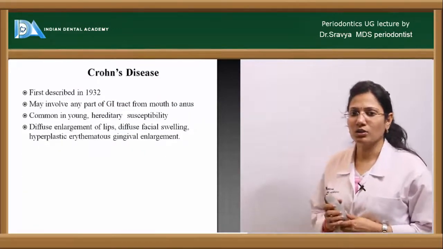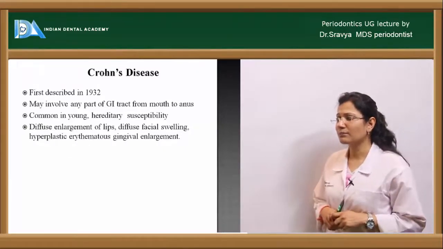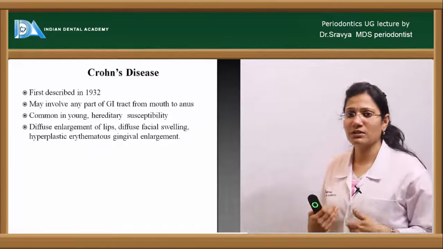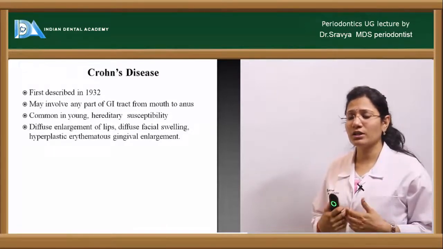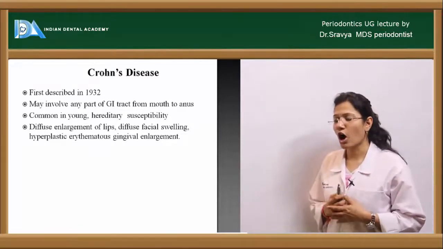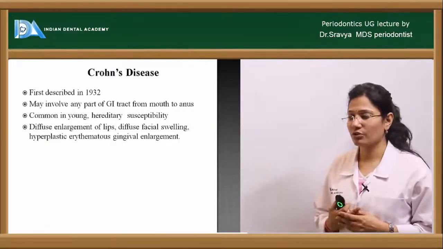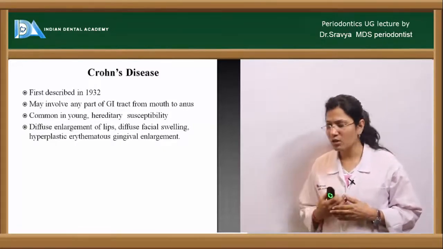The other one is Crohn's disease. This was first described in 1932. It may involve any part of the gingiva, and there is a constant, chronic inflammation of the GI tract from mouth to anus. It's common in the young and it can be hereditary, with an increased susceptibility, or it can run in families.